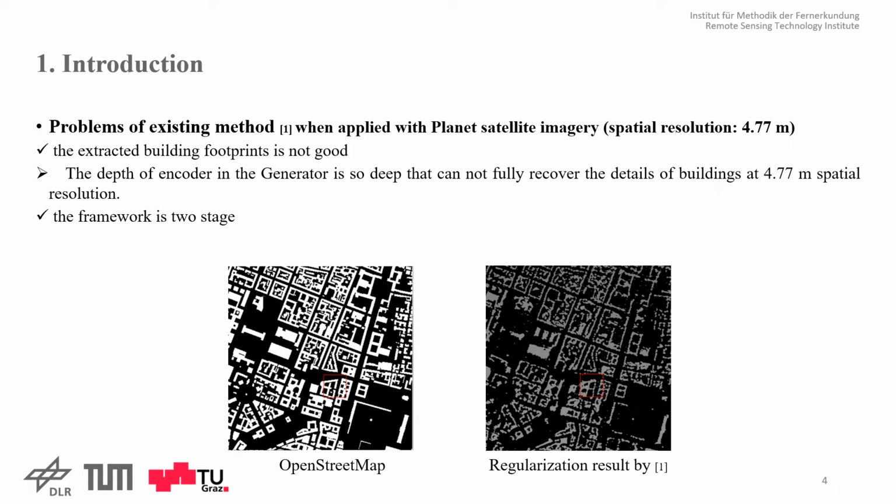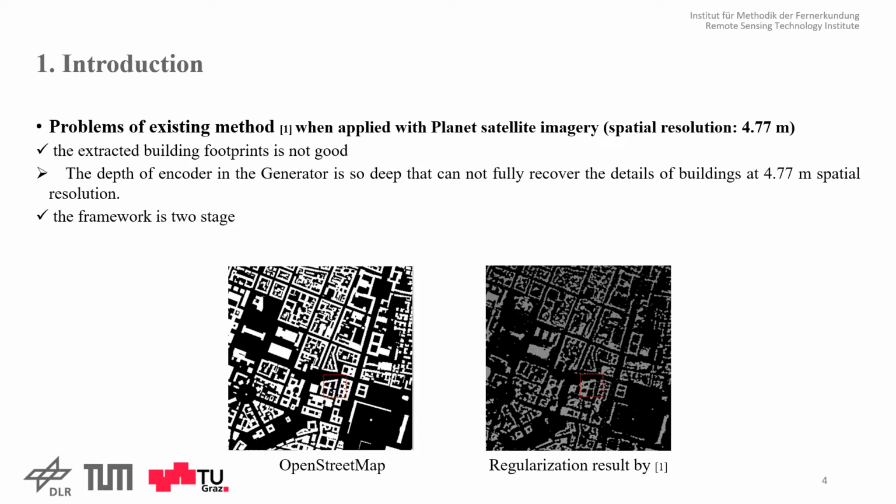The reason is that the spatial resolution of Planet satellite imagery is 4.77 meters, which is a coarse spatial resolution, and the depth of the encoder in the generator is so deep that it cannot fully recover the details of the buildings at such spatial resolution.